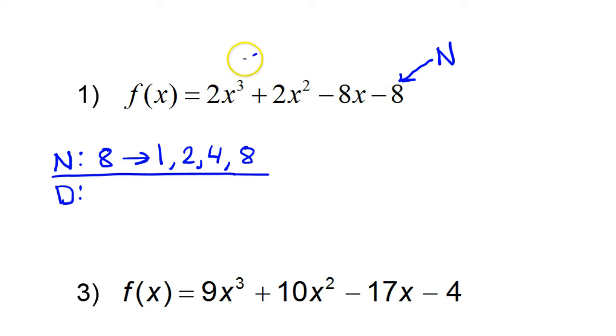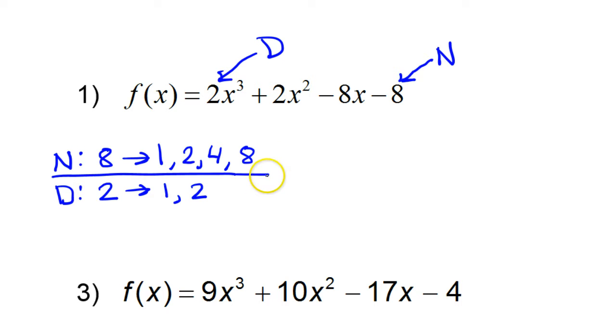Now the possible denominators are all going to be factors of the leading coefficient. The possible denominators are going to be factors of 2. The only numbers that divide into the number 2 are 1 and 2.